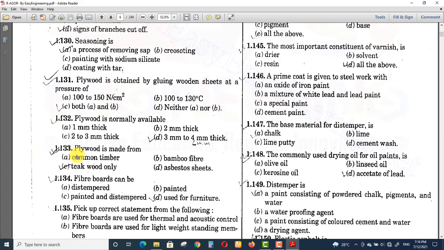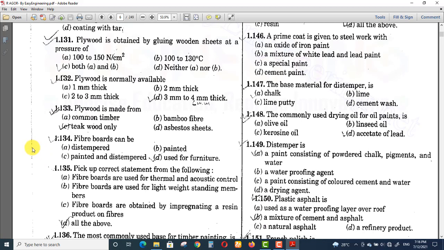Next question, 133. Ply is made from, again, as we already said, teak wood is used to make the plies and furnitures. So for plywood, we always use teak wood. Teak wood is the only source of timber or wood which is used to make ply.